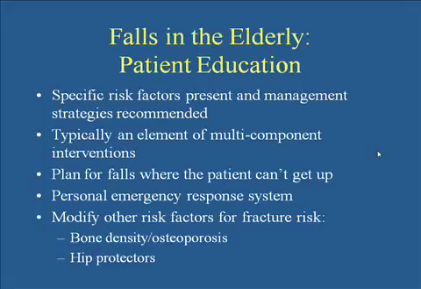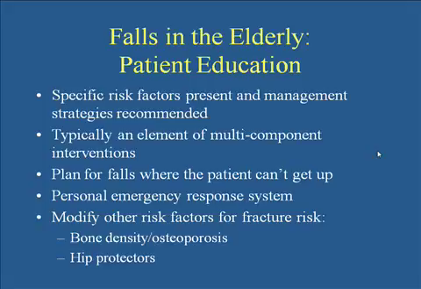So one would be to discuss with them and educate them about the risk factors and how management strategies can be helpful to them. We've already talked about how it's usually an element in some of the multi-component interventions that have been researched formally. It's useful to help patients plan for a fall.